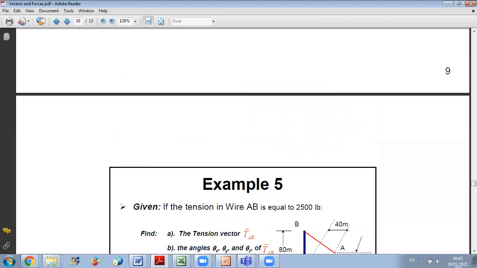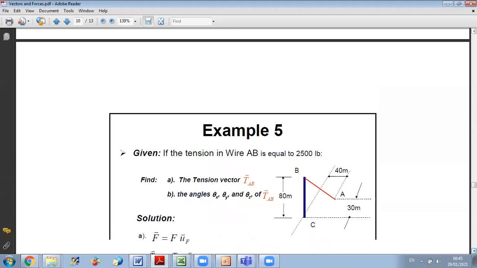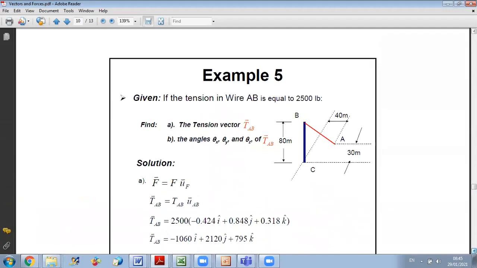Okay, so now we're still nearly in the same example, but we have different questions. What I want you to know is that in general, they will directly give you this problem. They will not tell you find the unit vector, find the position vector. You should know that we should find them. Here, for example, this is a continuation of the previous example.